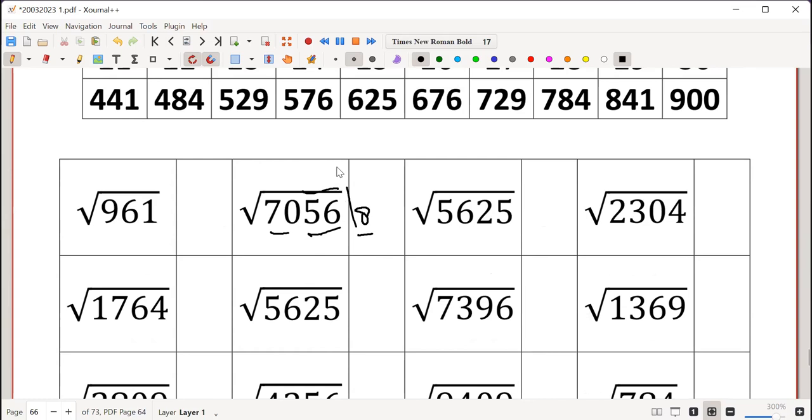Last digit can be 4 or 6. 70 is nearer to 60. If this is nearer, you have to go for 4. If it's nearer, you have to go for 6. Right?